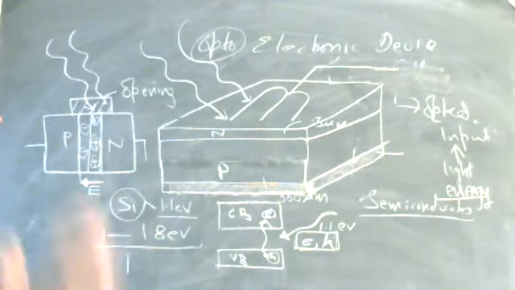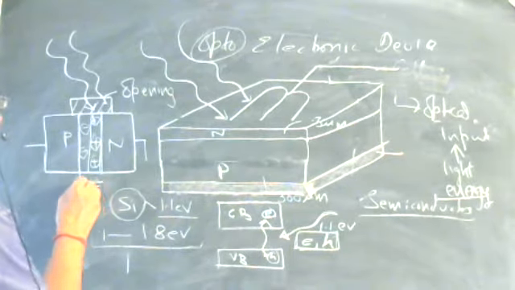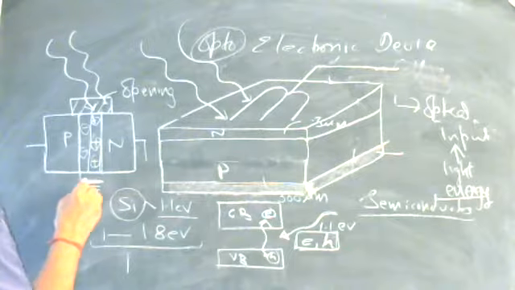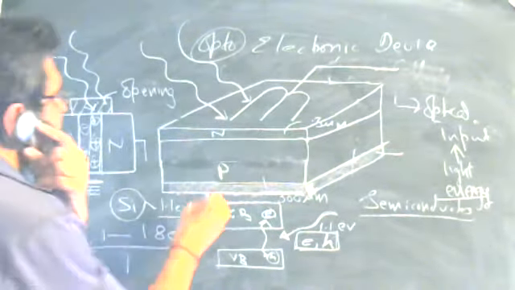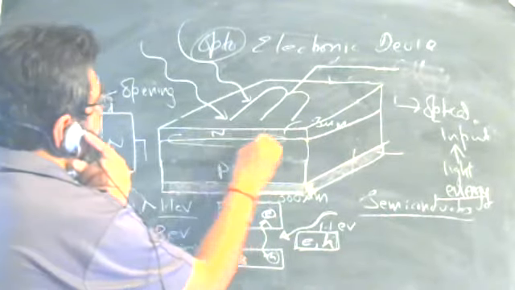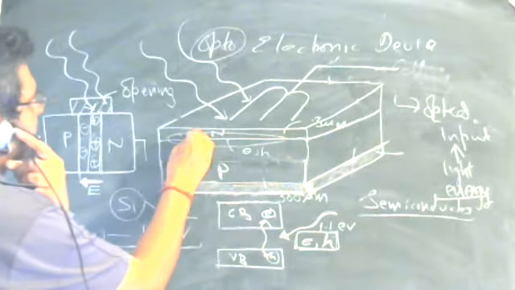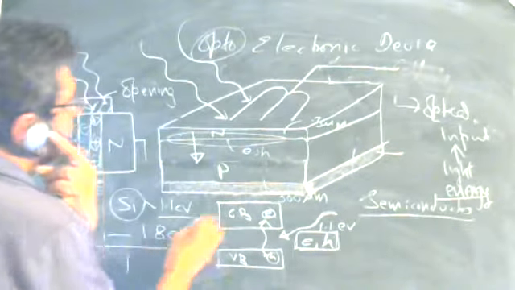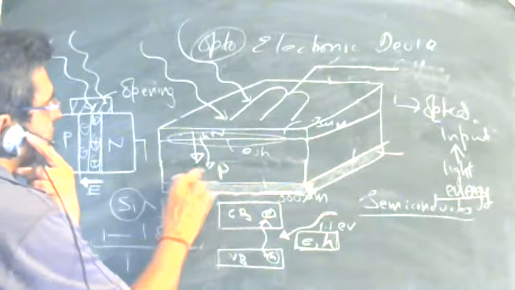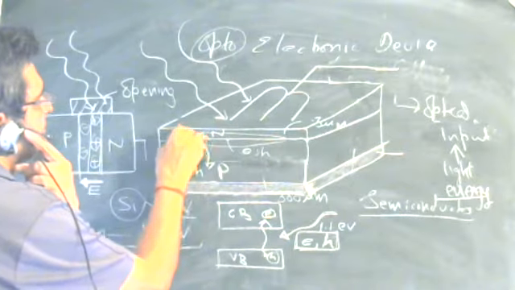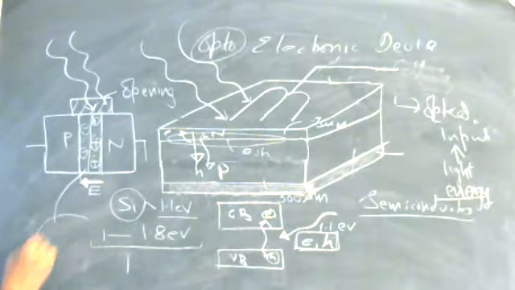But when you have an electric field due to the doping, this electric field across the junction, if the EH pairs are created in the junction region, E and H, and the direction of electric field is like this, the holes move along the electric field and electrons move the other way. Here I am showing a magnified view.